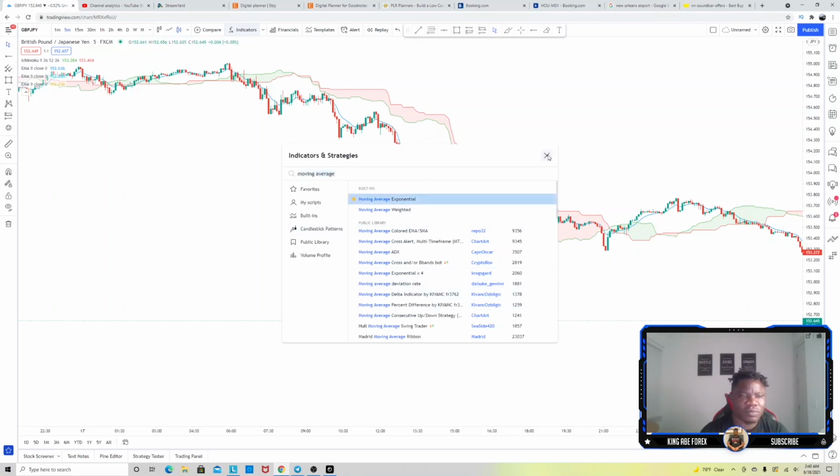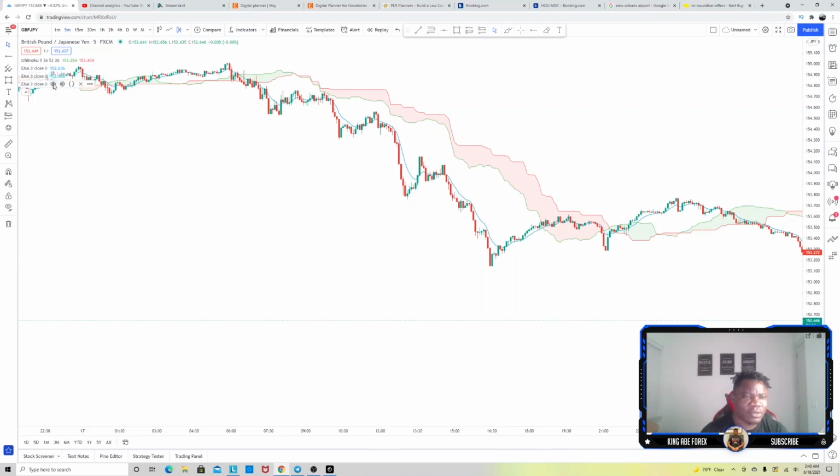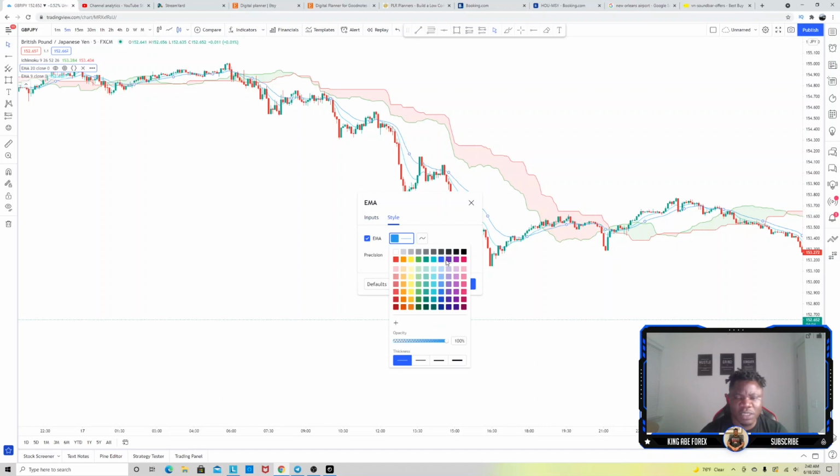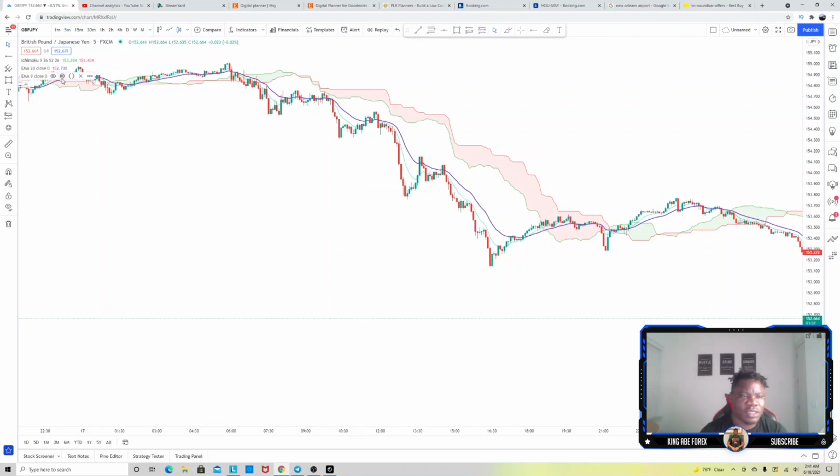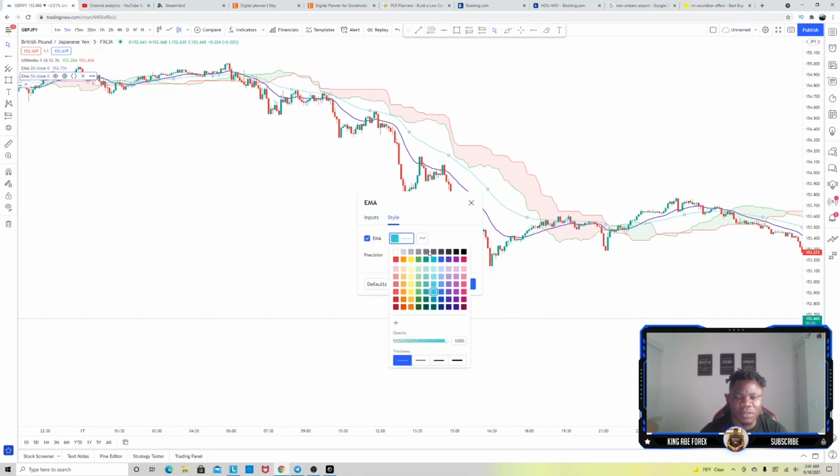Once you have that on your chart, for the first one we're going to change the length to 20, and I'm going to change the color. You can use whatever color you want. I'll change the thickness. Now for the second one, we're going to change the length to 50, and for the style, use whatever color you want as well. Change the thickness, and then you click OK.